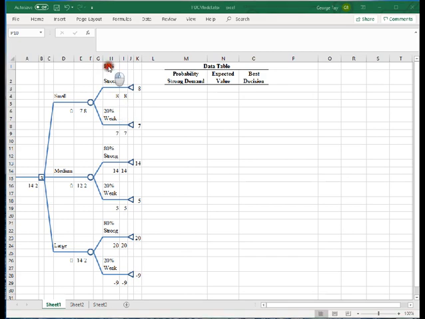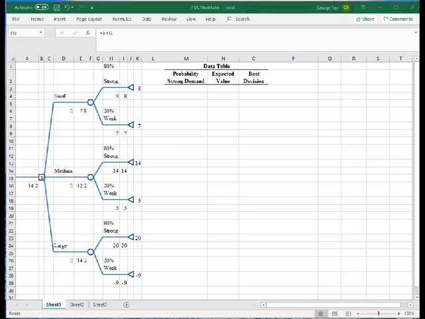So in H1, we have the probability that we're putting for strong demand for this particular scenario. Now, we're going to try different scenarios, but let's just look at the one with 80% strong demand, and that means we're going to have 1 minus H1, or 20% probability of weak demand.